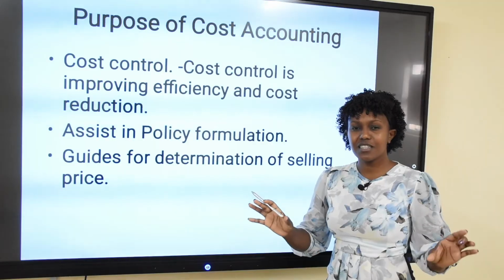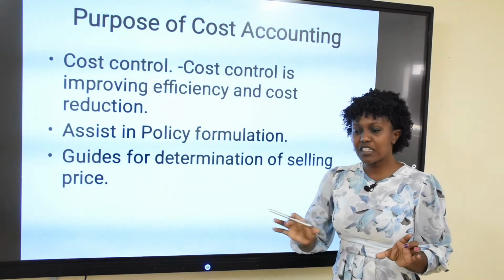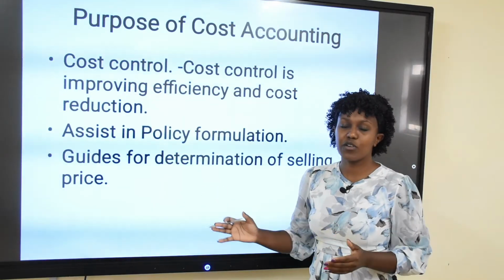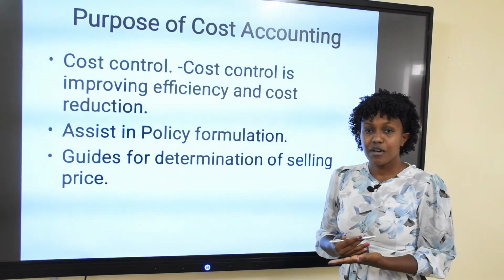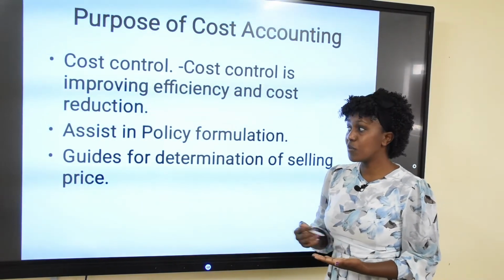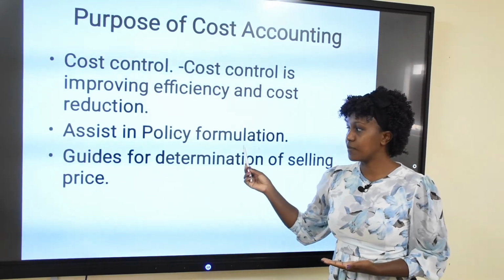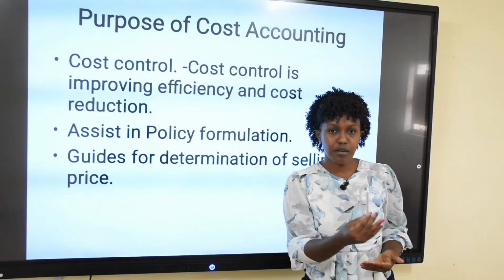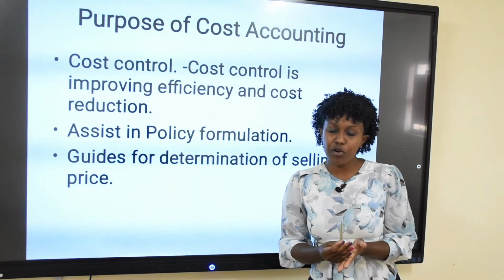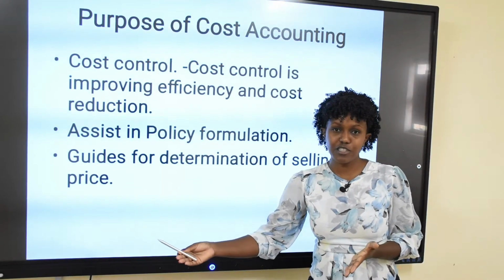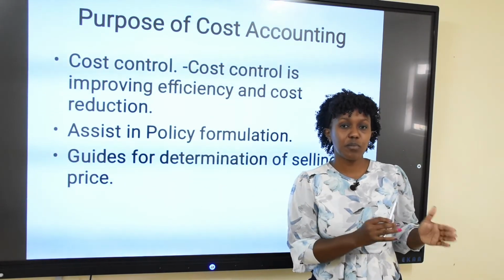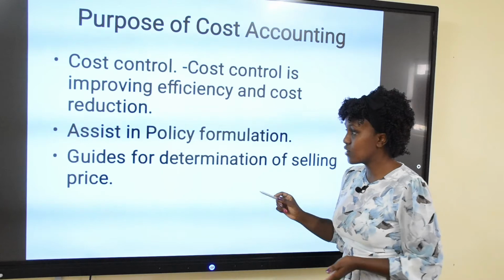And looking at these costs, you look at what is the differential cost between making a product and buying a product. And from there, based on that information, you can develop a policy that a certain product should be made while a certain product should be bought, because it is cheaper to buy a certain product and it is probably cheaper to make a certain product within the organization.